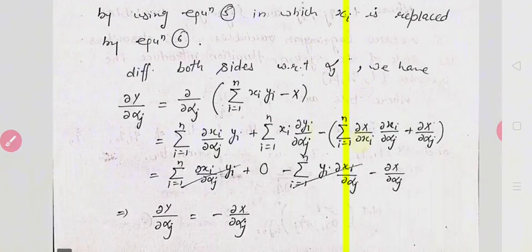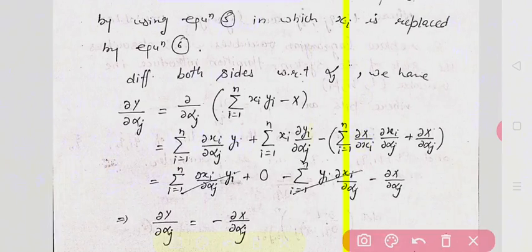Applying the product rule, we get curl xi over curl alpha j into yi as it is, plus xi as it is times curl yi over curl alpha j, minus the derivative of capital X with respect to alpha j.